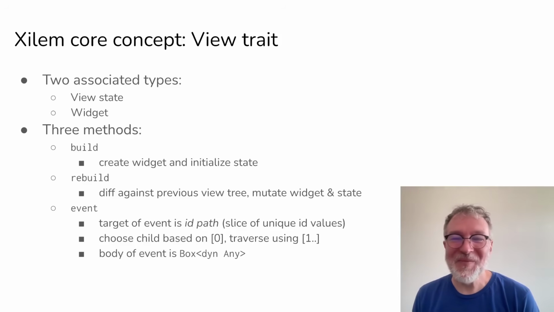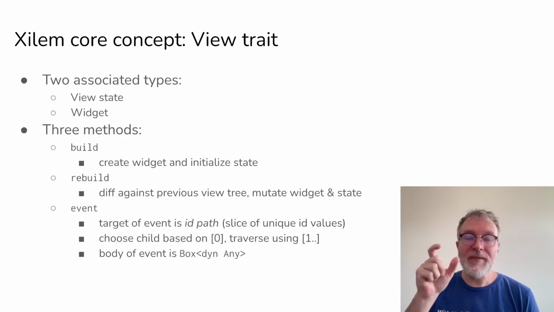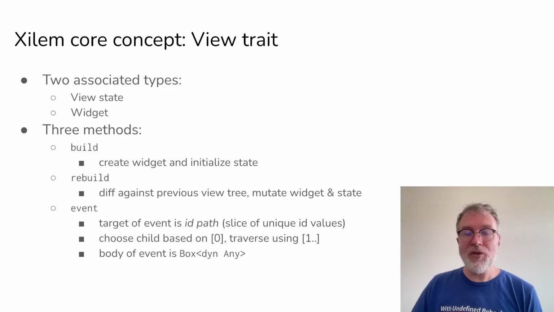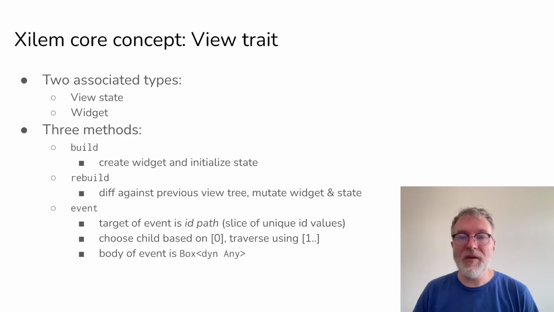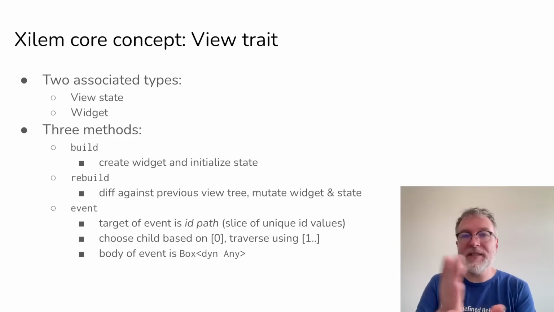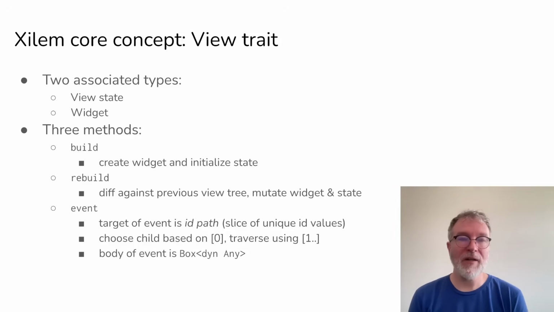In any case, the view state is persistent across multiple view trees, and this is really important for having continuity. There are stateless aspects and stateful aspects, and you use the view state to model that state.